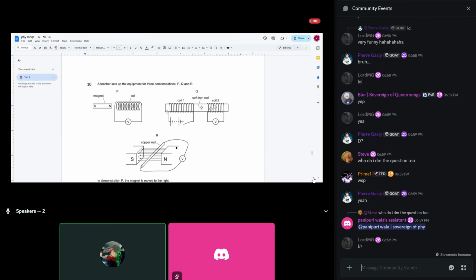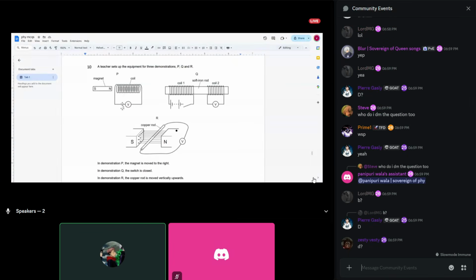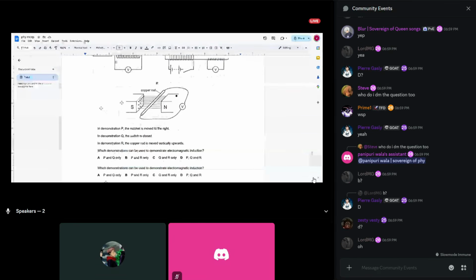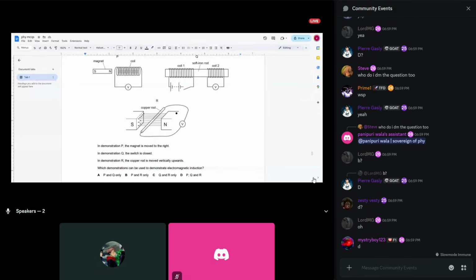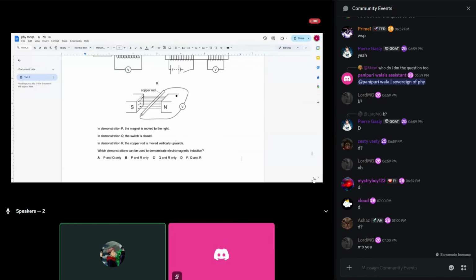So it also generates a current, so voltage. And similarly for this, we use Lenz's law, which is inherently based on that. This is D, correct. I think that's all the questions.